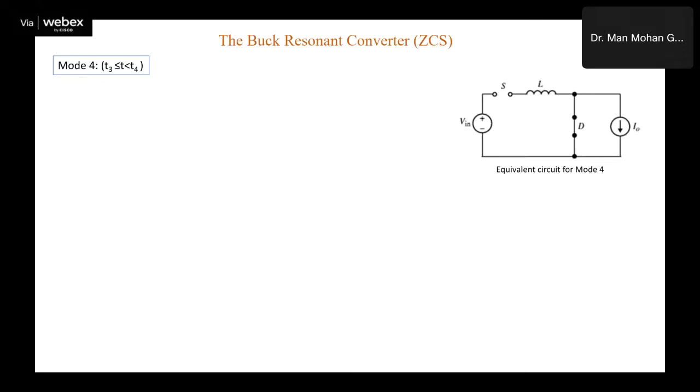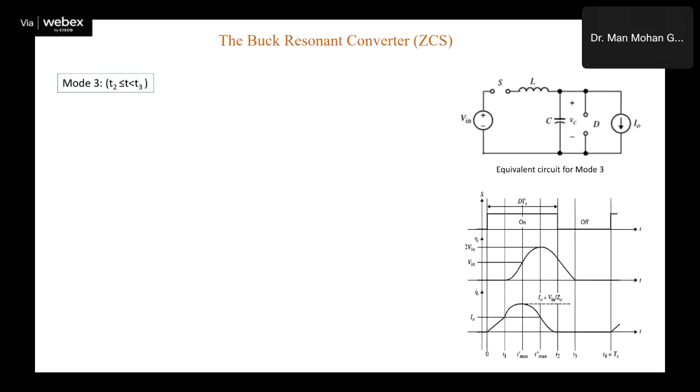So now if you see these waveforms, then this part up to here makes this ZCS phenomena. Right after that, converter works normally.